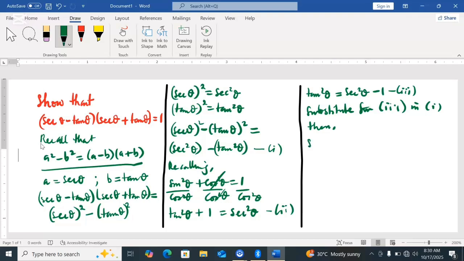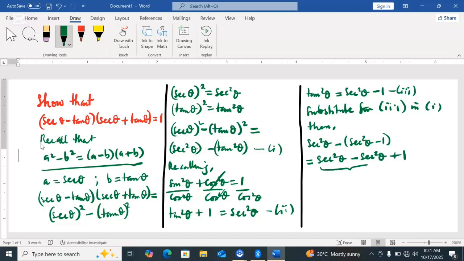So I'm going to have sec squared theta minus, instead of tan squared theta, I'm going to put (sec squared theta minus 1) in that bracket, and that will result in sec squared theta minus, when this minus opens the bracket, minus sec squared theta, and minus times minus 1 gives you plus 1.